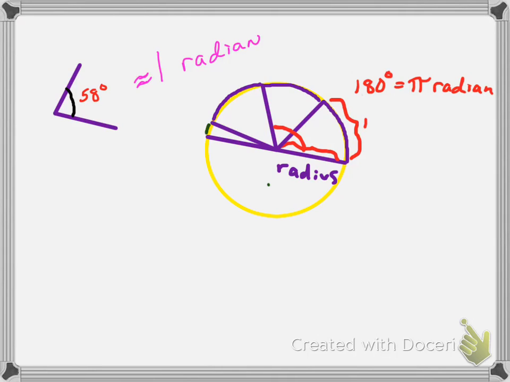So, how many radians is that little bitty piece, give or take? That little bitty wedge is how many radians? The little bitty thing that has like a little green arc.